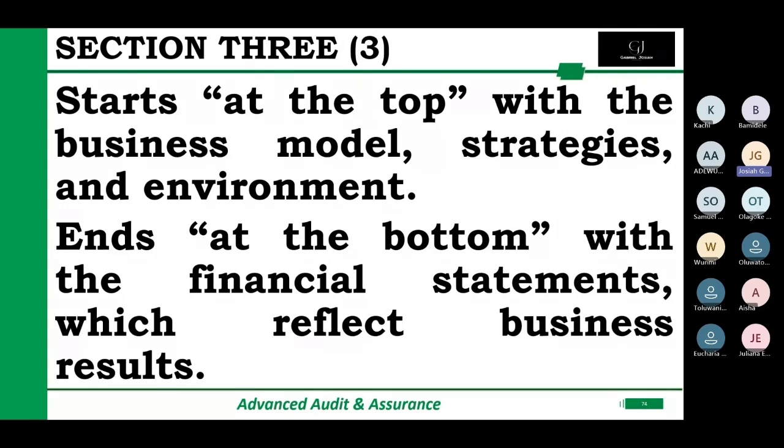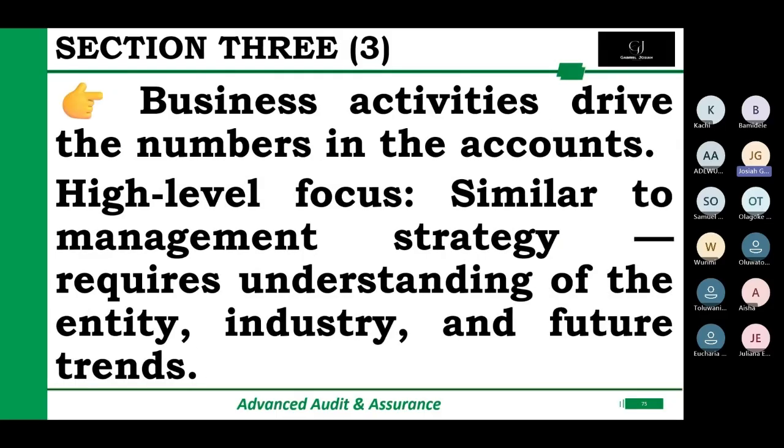What are they doing at the process? From strategy formulation, the process that leads to the product, which is the financial statements. So business activities drive the numbers in the account. It's important to take note of that. The activities from strategy formulation, from tactical and operational areas of the business, they drive the numbers.